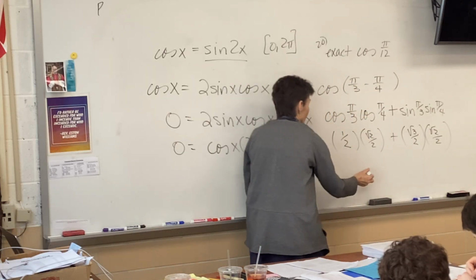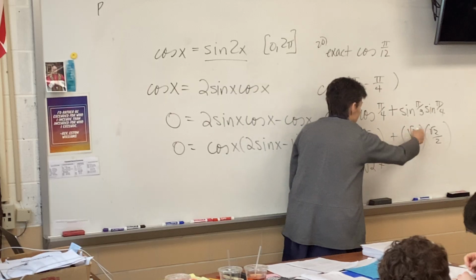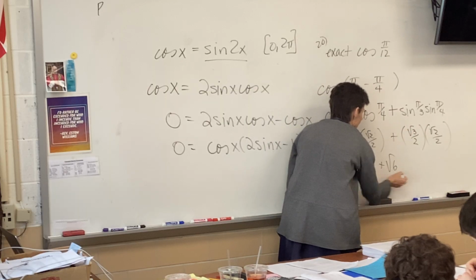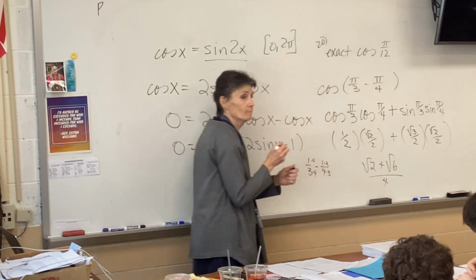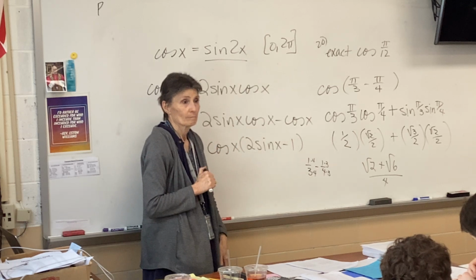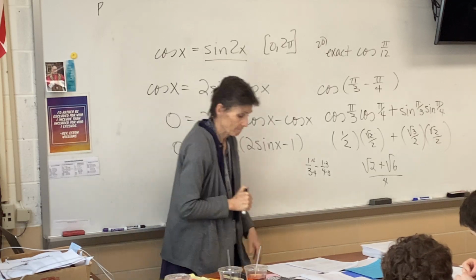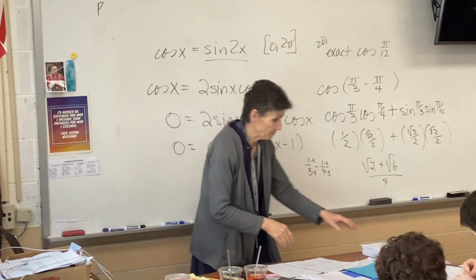So it looks like we're gonna get the square root of 2 plus the square root of 6 all over 4. That okay? All right.